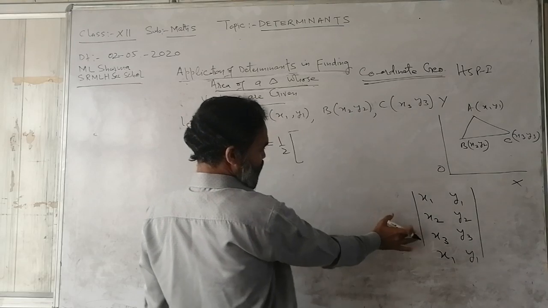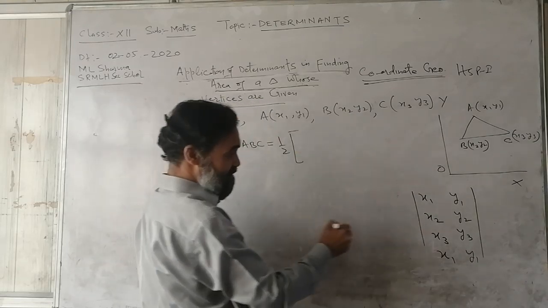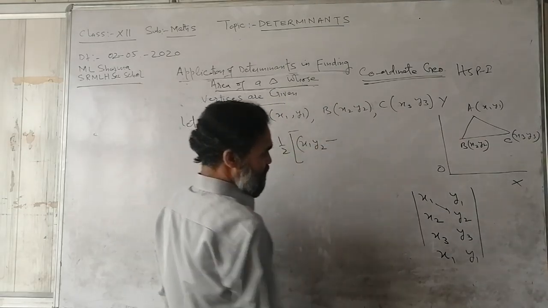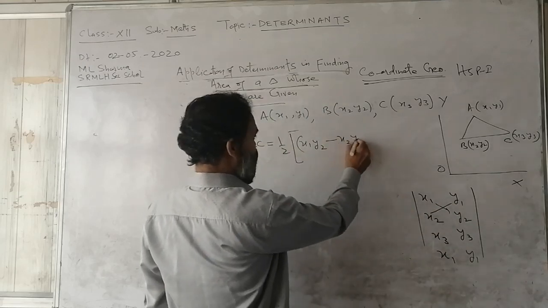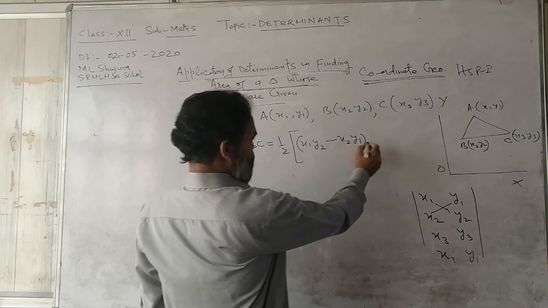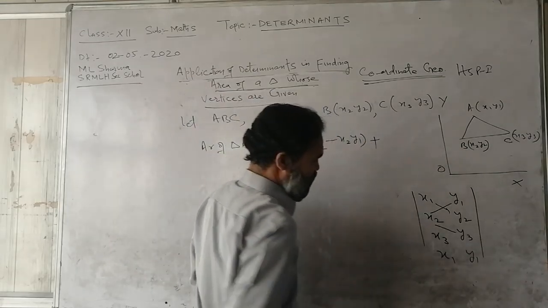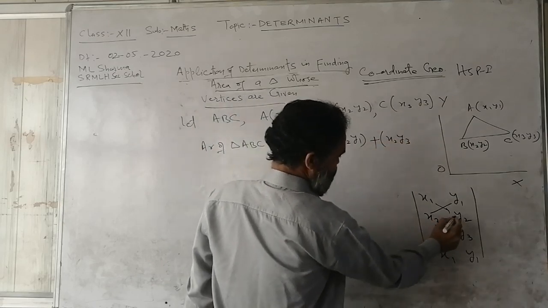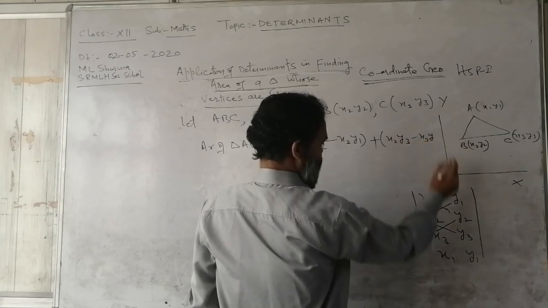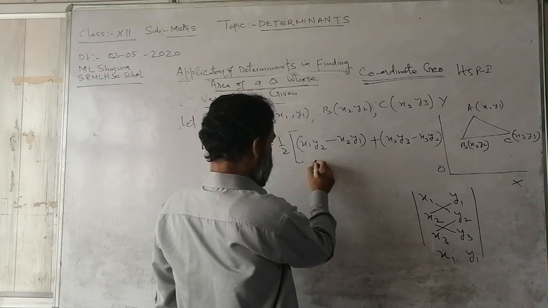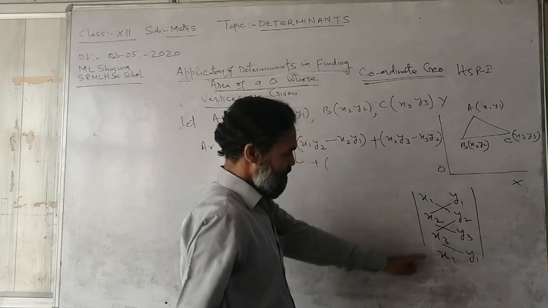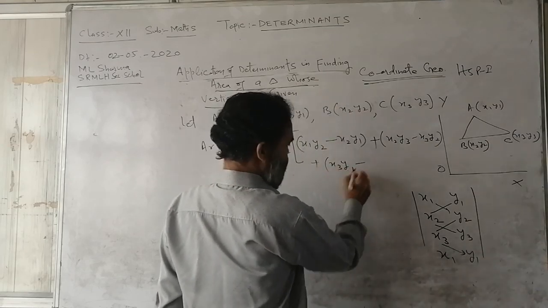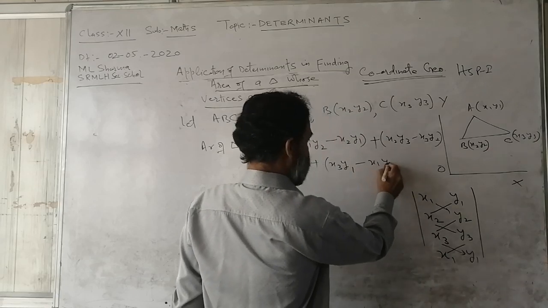So according to this formula, the area of triangle ABC is given in this way: x1 times (y2 minus y3)... that is, x1 y2 minus x2 y1, then plus x2 y3 minus x3 y2, plus x3 y1 minus x1 y3.